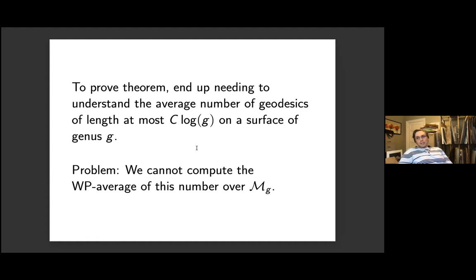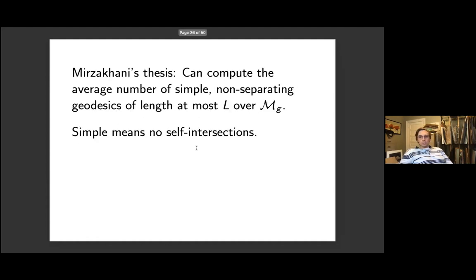And if you can do that well enough and you get the right answer, then you get this 3/16 result. And the problem is we don't know how to do that. We don't know of any way of computing exactly what that Weil-Petersen average is. But we don't need to compute it exactly, and there's some reason for hope.